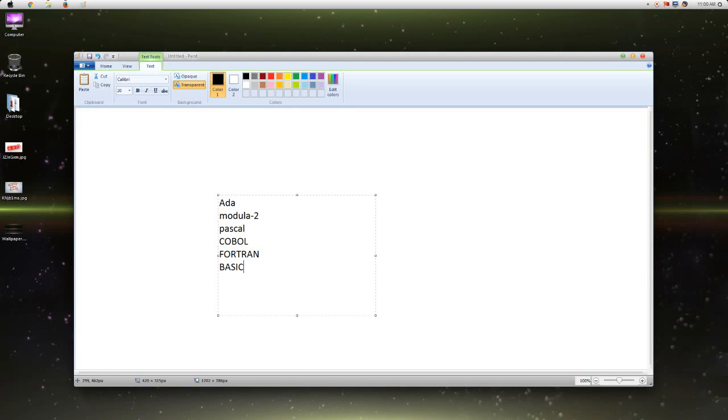Then the middle level languages are C, Forth, and macro assembler.